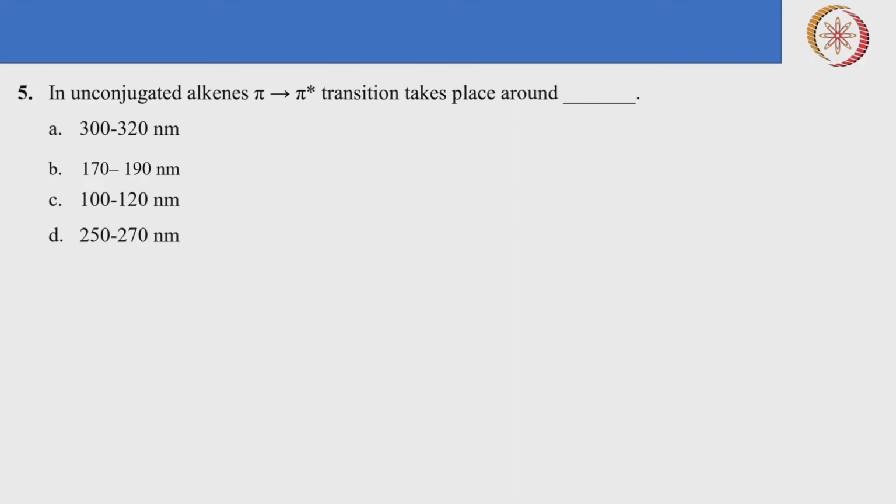Next question: in unconjugated alkenes, the pi to pi star transition takes place around which region? There are 4 options, so if people can try.